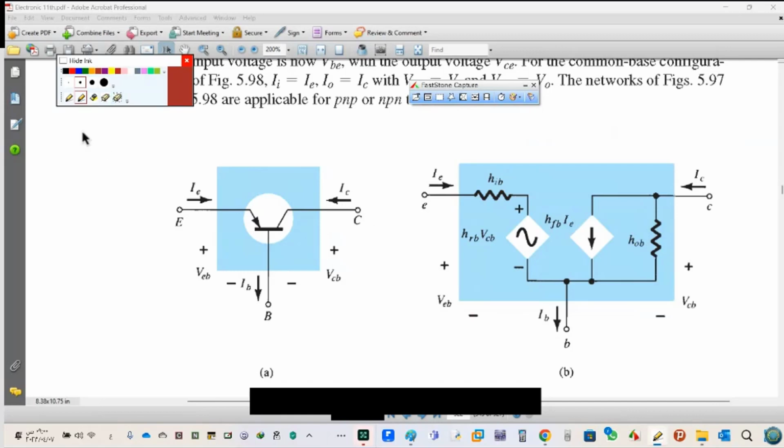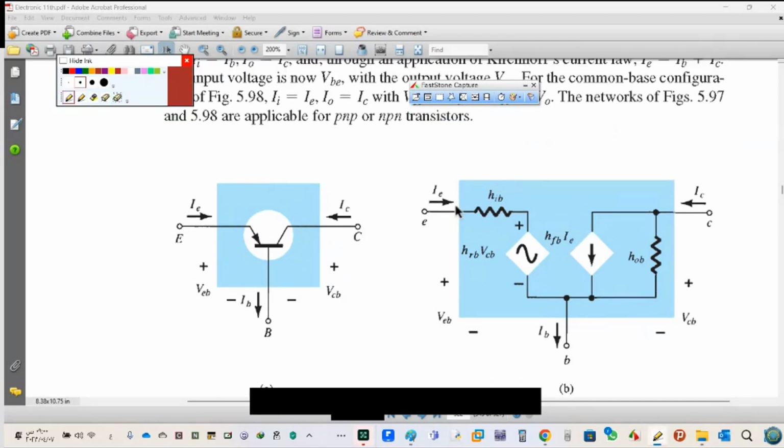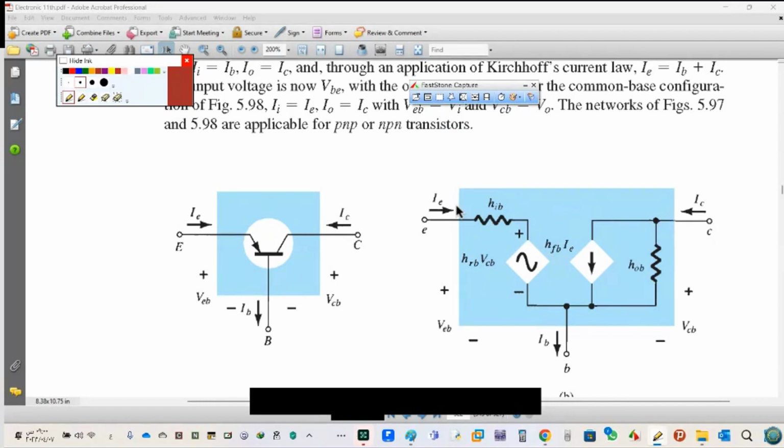If you remember, as I told you before, for example, for the re model, we have a model for common emitter and we have a model for common base. We have one for this, one for this.